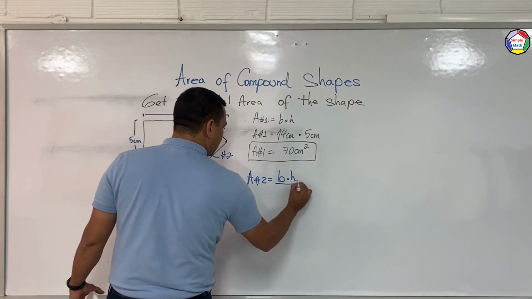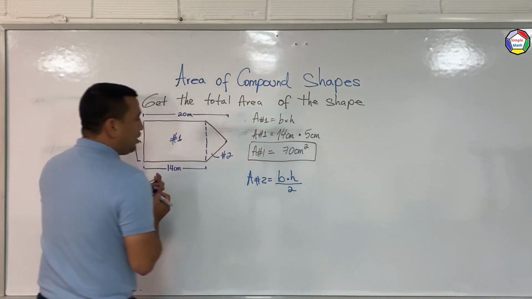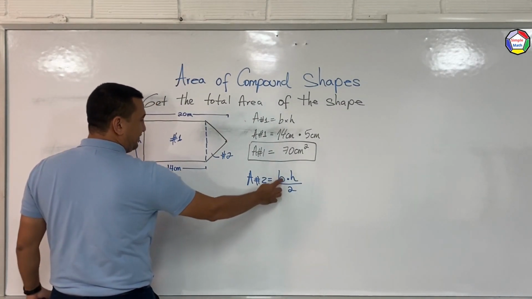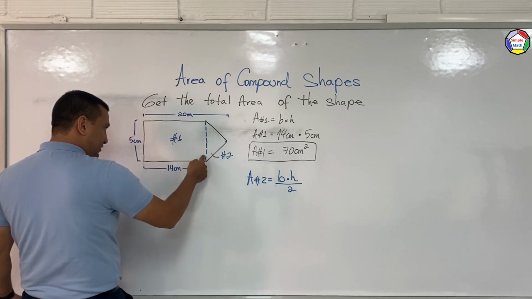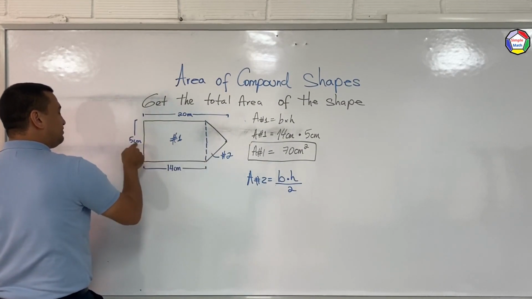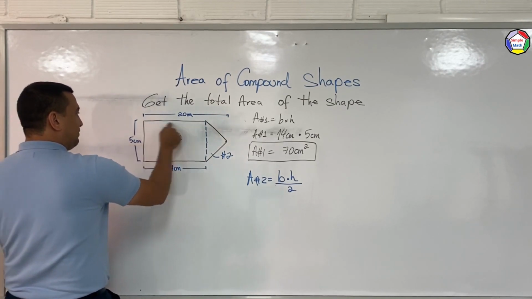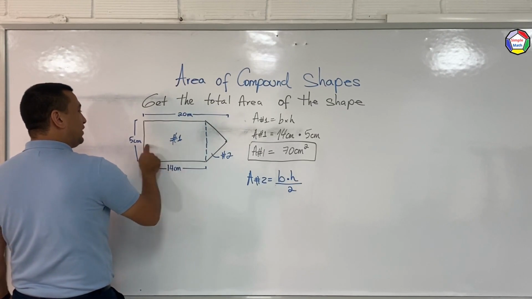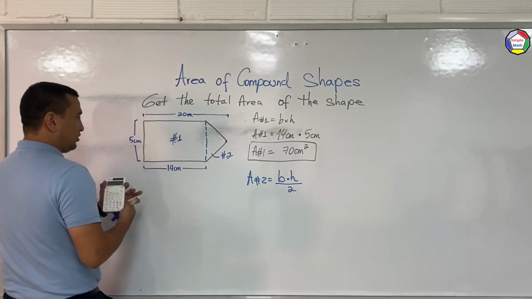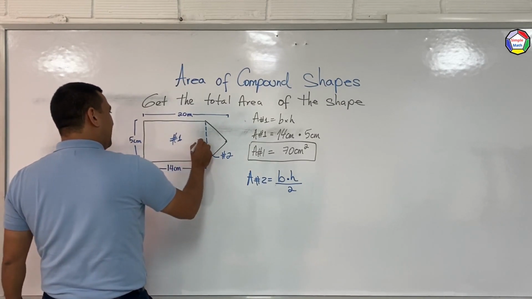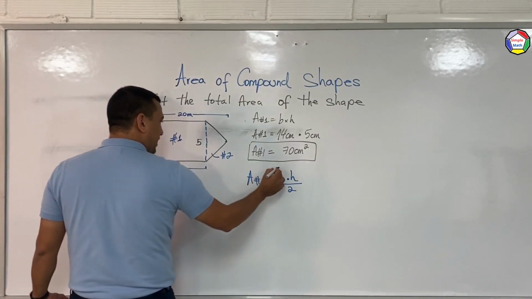We have this base, and the measurement of this base is 5 centimeters. Why? Because this is a rectangle, and the opposite sides of a rectangle are the same, according to the property of the rectangles. So we can say that the base is 5.